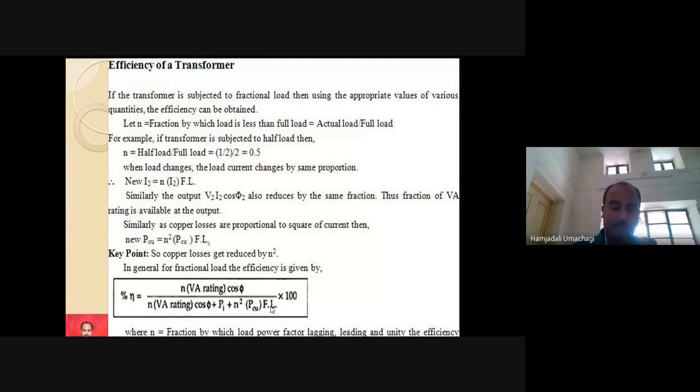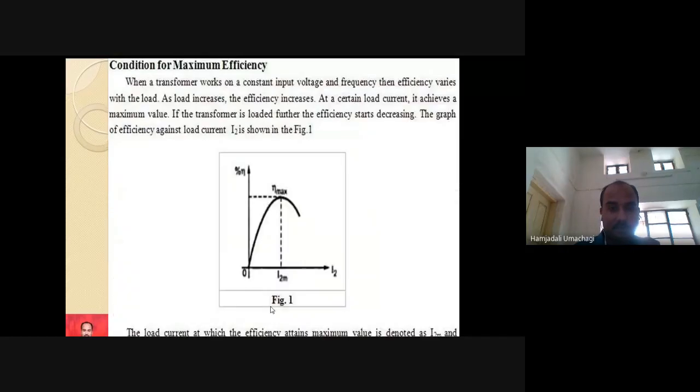Okay, just remember this formula. Even this is one of the basic portions of your syllabus. And when do we get maximum efficiency? What is the condition, based on the losses? When do you get maximum efficiency?